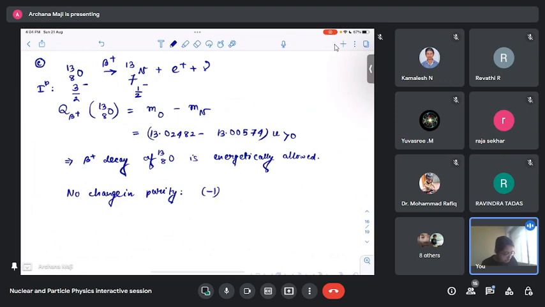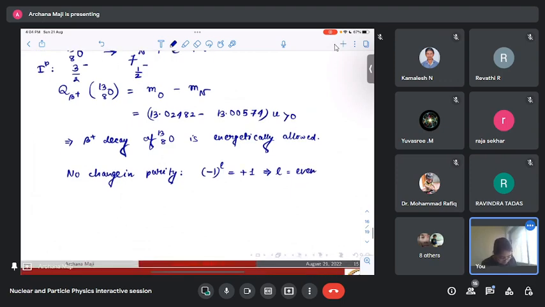That means minus 1 to the power L has to be plus 1, which says L is even. Okay, so let's consider L to be 0.